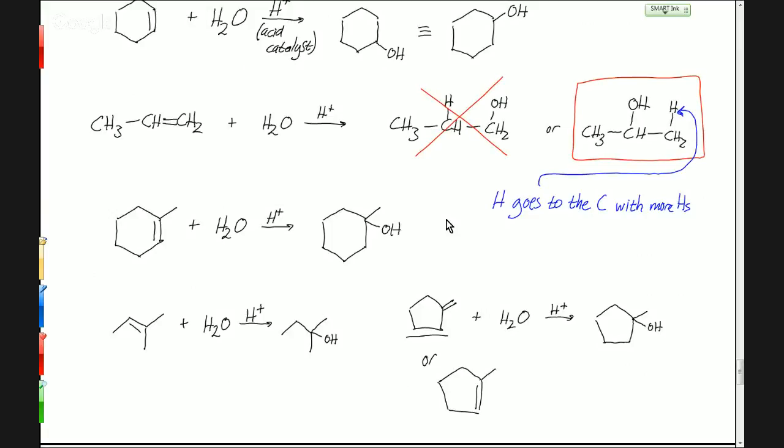Okay, so the H from the H2O that's broken off goes to the carbon with more hydrogens, and the OH goes to the carbon with more carbons. Okay, I guess maybe we should write that right under here too. OH goes to the carbon connected to more carbons. A little clunky, but.